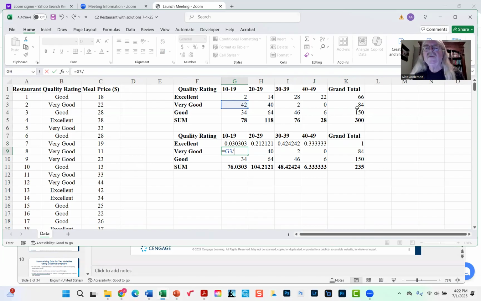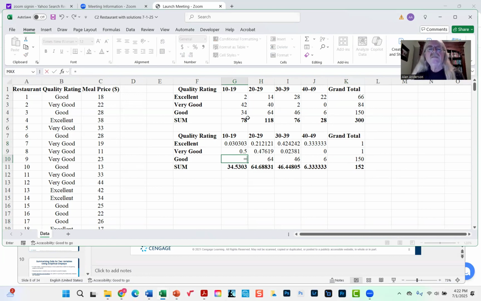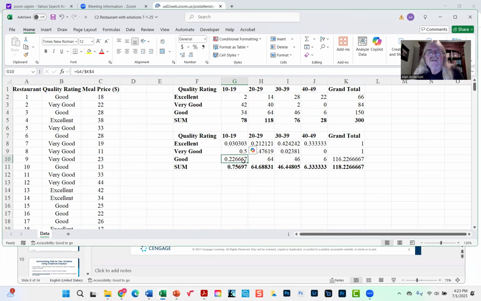So I'm going to have K3, which will require dollar signs because I'm trying to figure out the percentage within each row. Okay. All right, and then I'll do this one as well. This value divided by K4, which is over here, and drag it across.